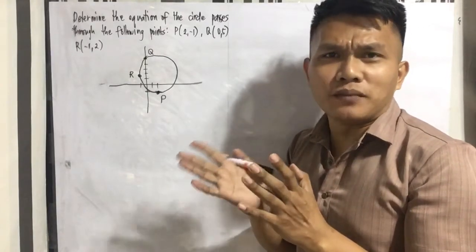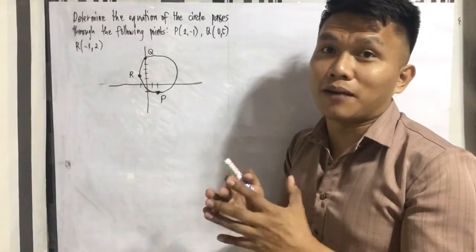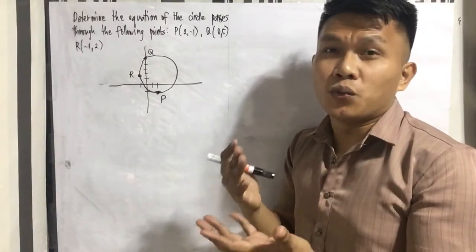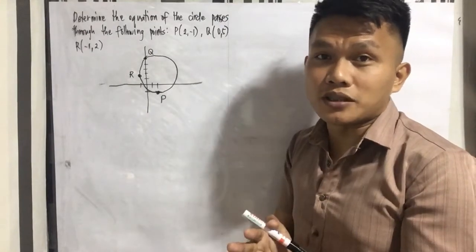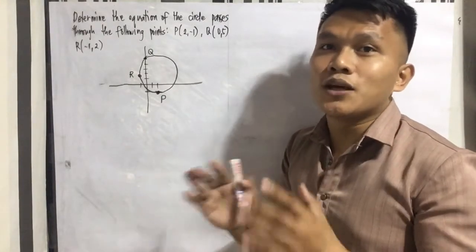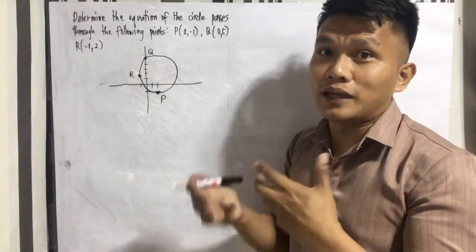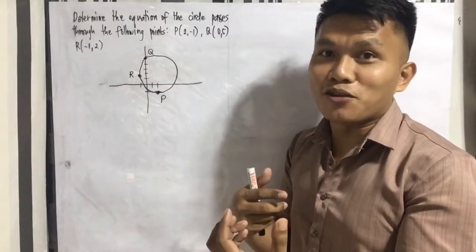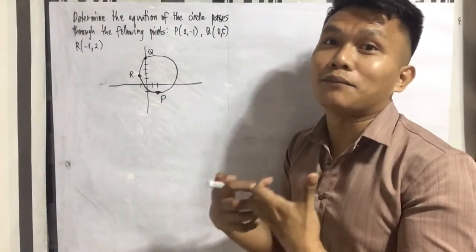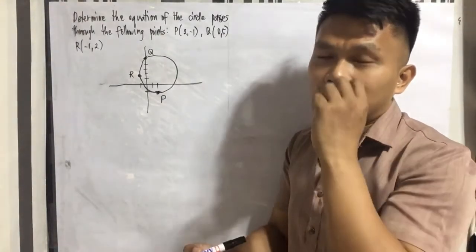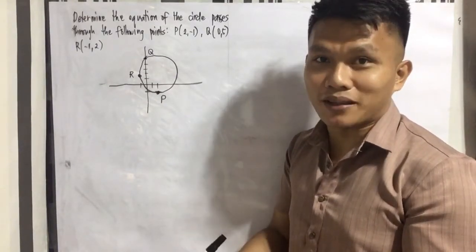From this problem, we don't have the center and we don't have the radius, which are the necessary properties of the circle in order for us to find the equation. So what will we do to arrive at the center and the radius we are looking for? This is just a matter of substitution and at the same time the elimination method.